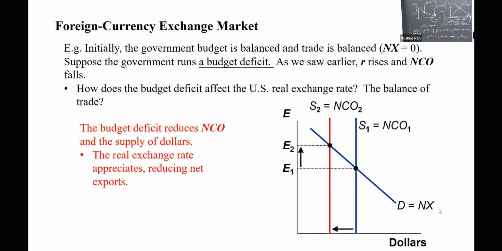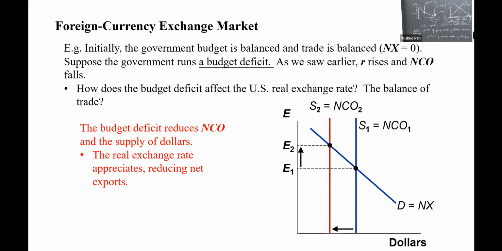Because the net export doesn't change. A decrease in the supply curve, the decrease of NCO, will increase the real exchange rate and reduce the net export. When the real exchange rate appreciates, the dollars are more expensive than before, and the US goods are more expensive than before.